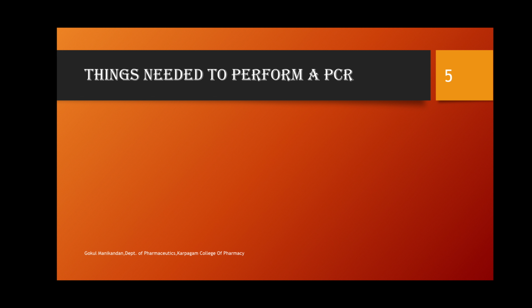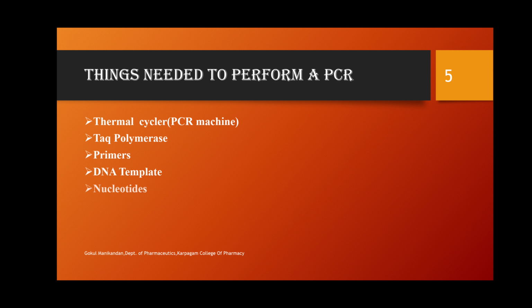Things that are needed to perform a PCR are a thermocycler, commonly known as a PCR machine, a Taq polymerase, primers, DNA templates, nucleotides, and a double-stranded DNA binding dye. This PCR is not only used in diagnosing diseases, it is also used in crime investigations, genetic research, and molecular biology as well.